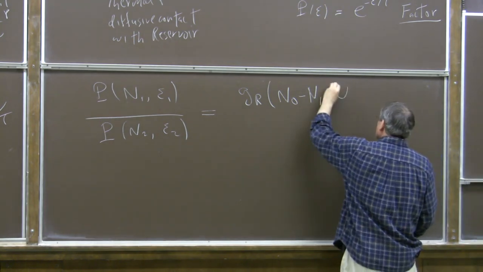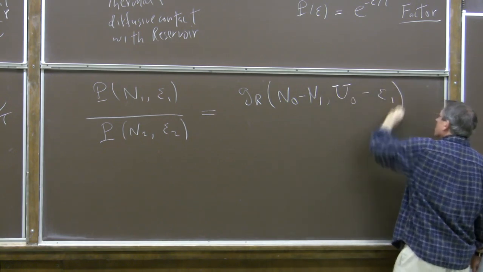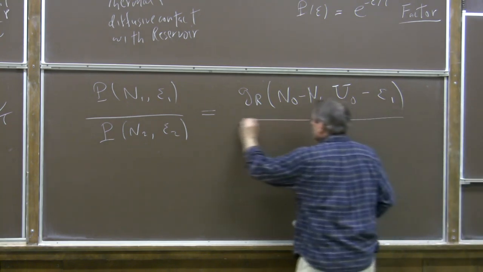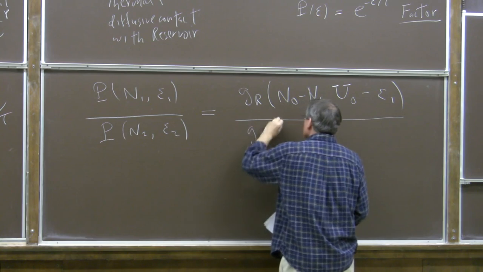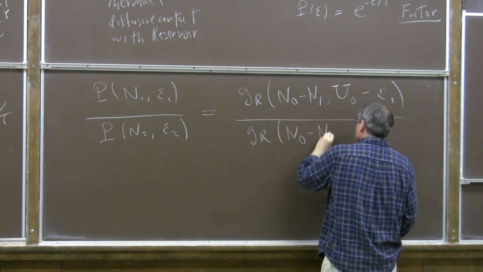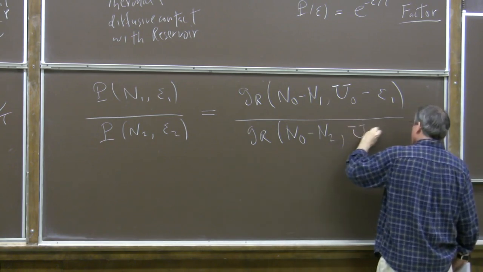The total energy is U0, and if the system has energy E1, the reservoir has the rest, U0 minus E1. And in the denominator, we have the degeneracy of the reservoir when the reservoir has particle number n0 minus n2 and energy U0 minus E2.